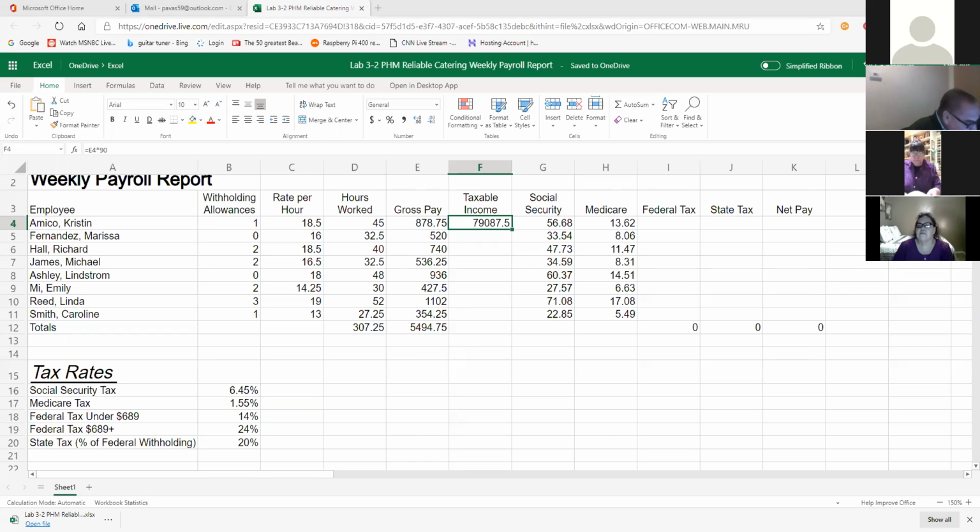Okay, taxable income was, you know what, I think it's gonna be minus instead. All right, just give me 1 second here. Okay, I think I figured it out. This is how they want it. It's gonna be equal. So it says it equals the gross pay, no?